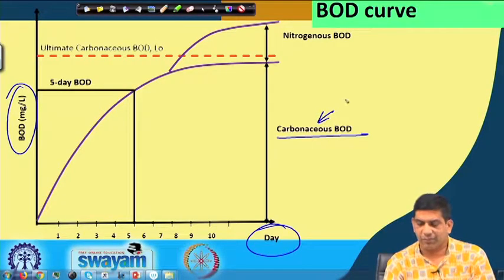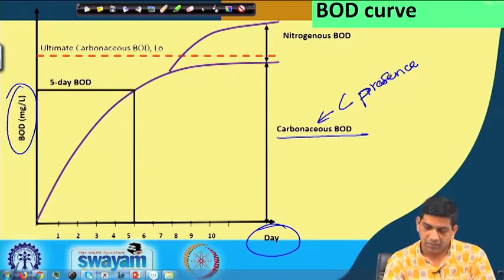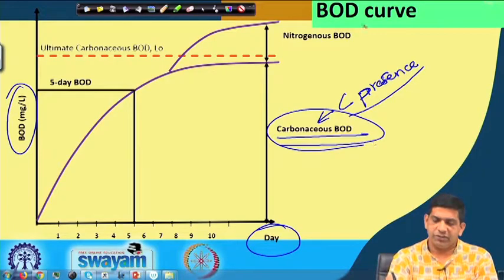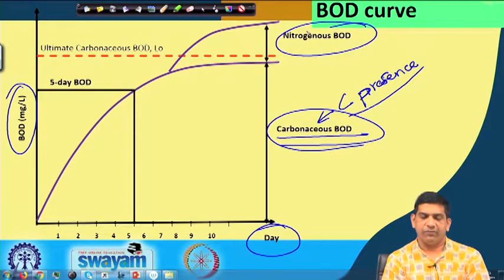It is the demand due to the presence of carbon. Nitrogenous BOD is the demand that is coming from the nitrogen.